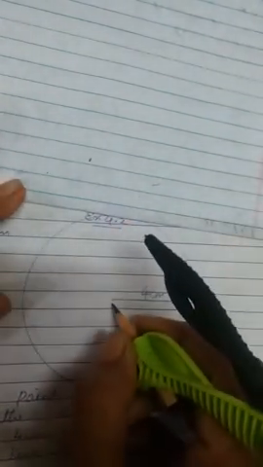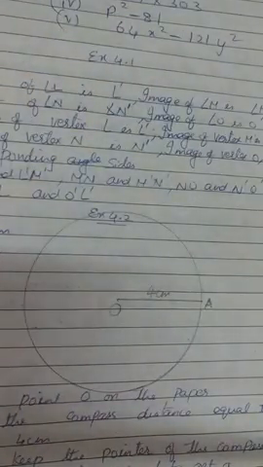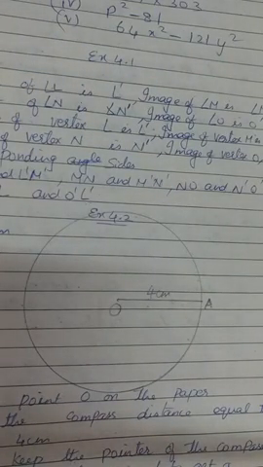Then name this point as O. The center point we usually name as O. And for the other end you can take any alphabet, A, B or anything. So this is your O and this is your A.